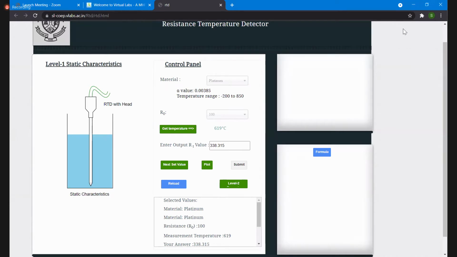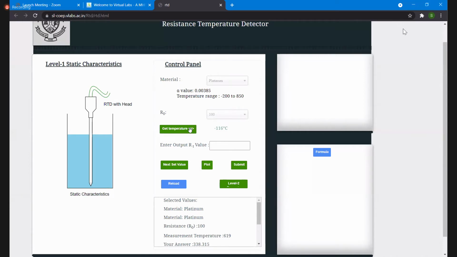So how many values you have verified, roll number 1? One value, sir. Click on get temperature once again. Right.